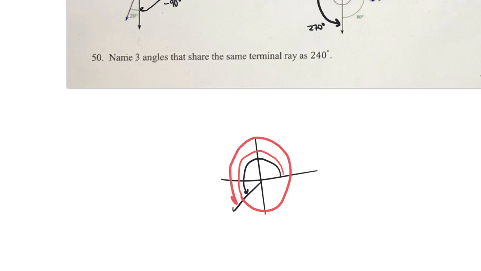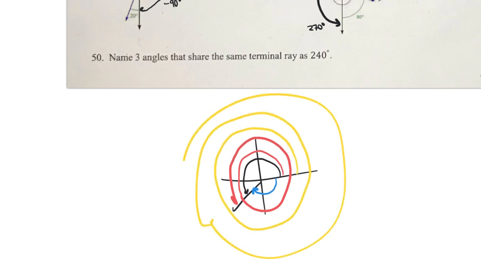You can imagine that. You could also imagine an angle that starts here and then lands there, right? That's another possibility. And then you could imagine another angle that does what the red thing did, but then does it again. Okay, so I know it's probably getting confusing.